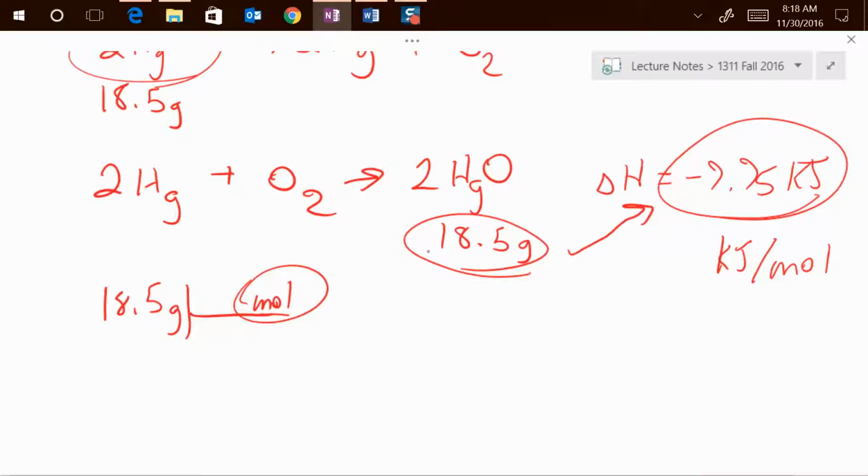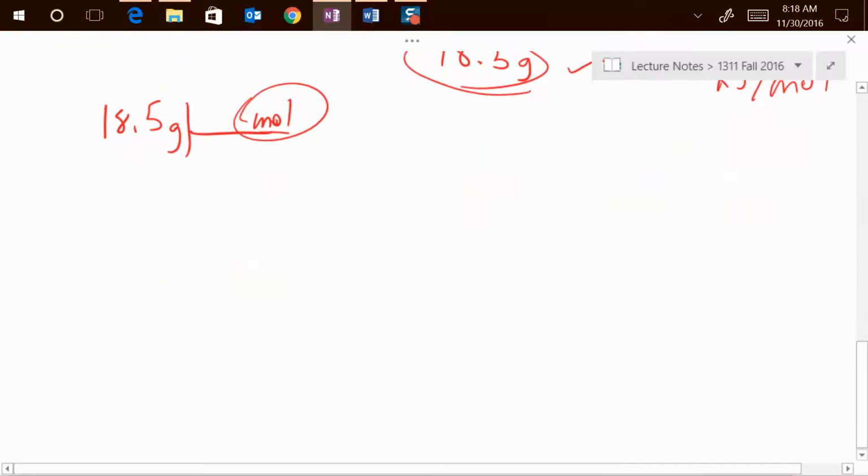Okay, so for example, here they're telling me the standard enthalpy of formation of C2H4. Okay, so that's what I want to find.